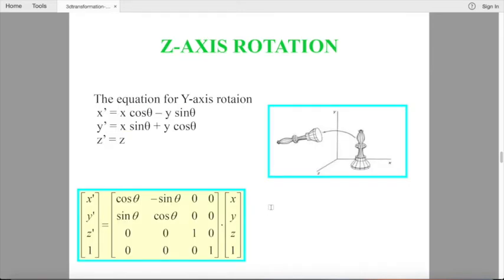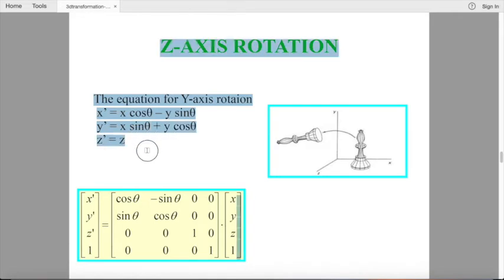And the z-axis is quite the same, by combining x and y into this formula. So the model will change into another direction as well.